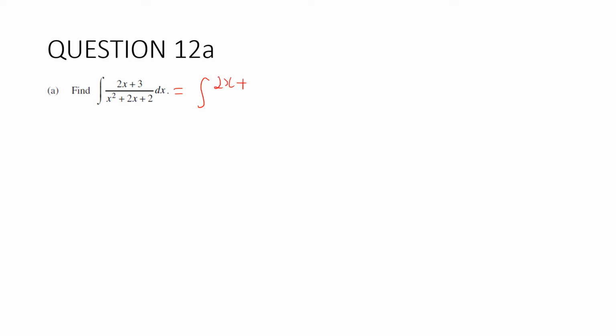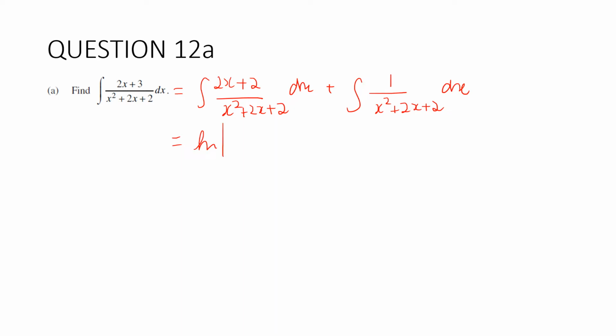The integral of (2x plus 2) over (x squared plus 2x plus 2) dx plus the integral of 1 over (x squared plus 2x plus 2) dx. All right, so this one here is ln of (x squared plus 2x plus 2), and this one here I'm going to complete the square.